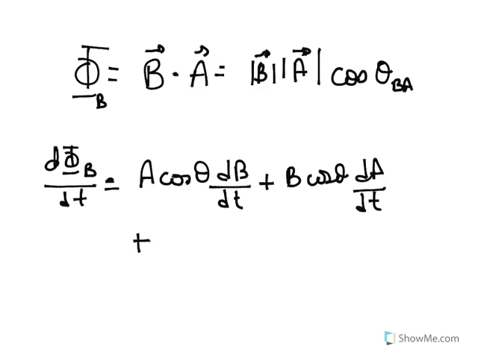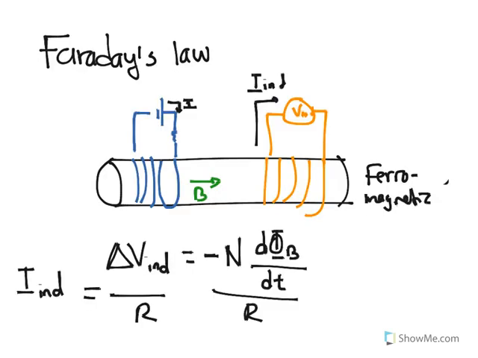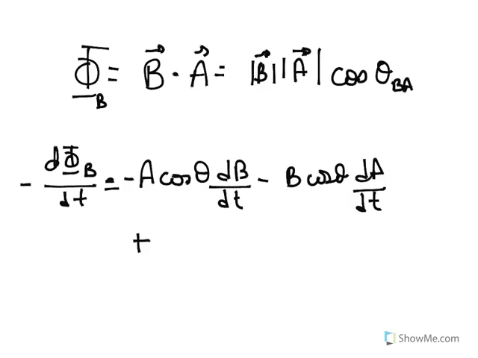And these two have a minus sign, right? We have a minus sign there, and we have a minus sign here. And of course, all of these can be times the number of turns, right?